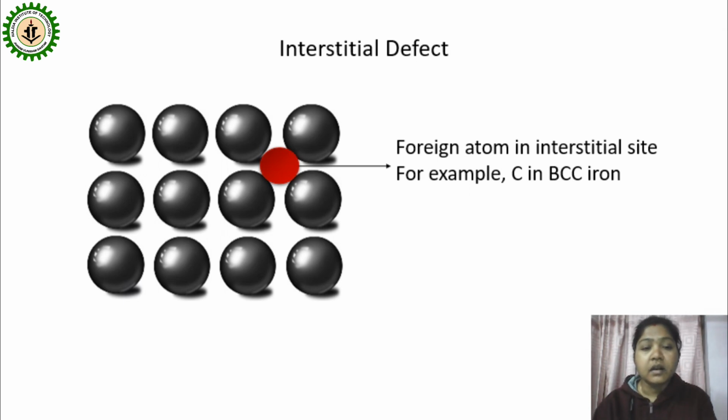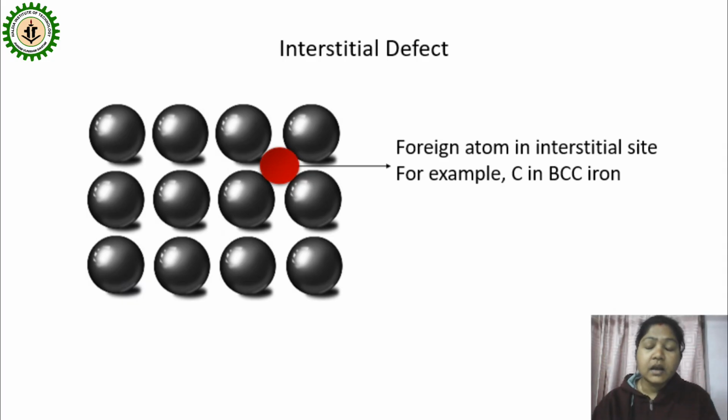You can see here there is a regular atom. These are the black color atoms shown here, and the red ones are nothing but the impurities, where red is inside the void portion.